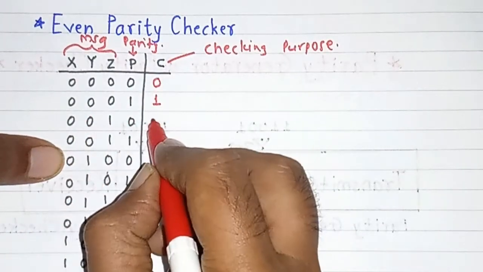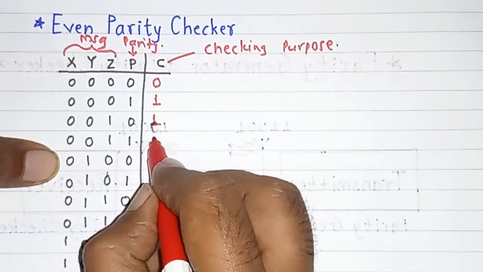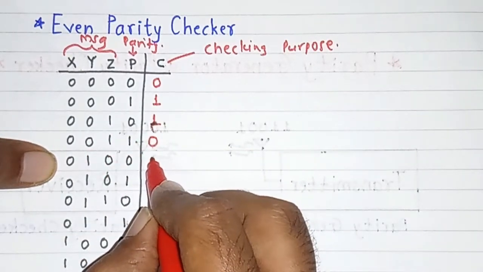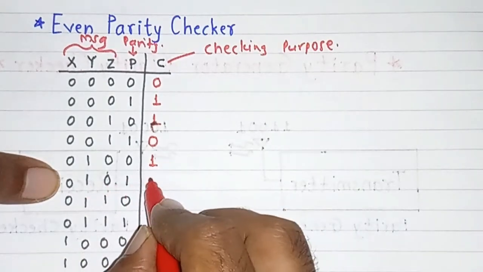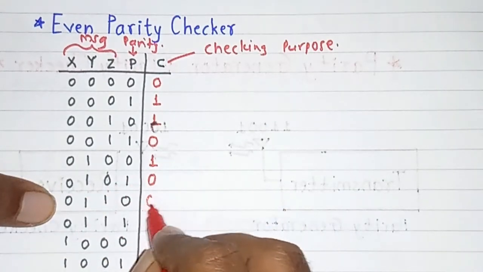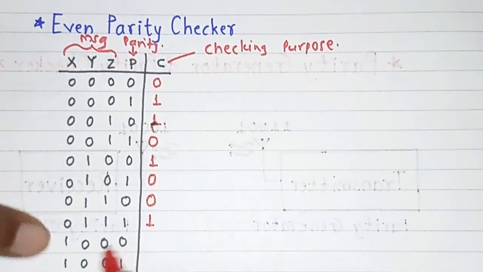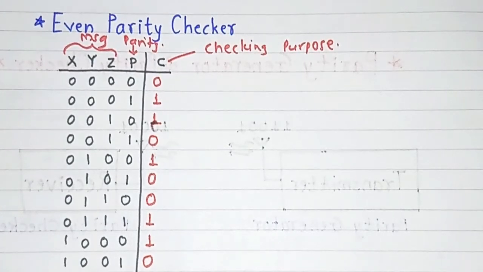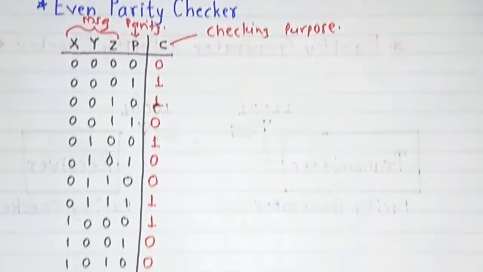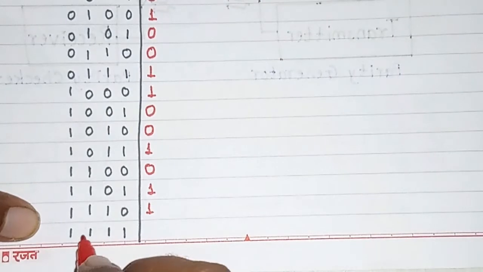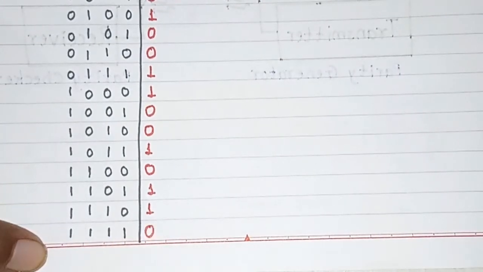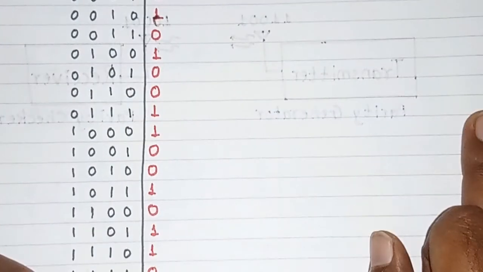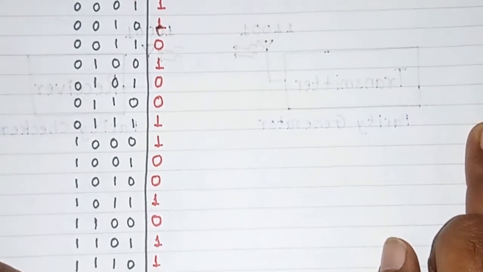So odd 1, even 0, odd 1, even 0, even 0, odd 1, odd 1, even 0, even 0, odd 1, even 0, odd 1, odd 1, and even 0. So this is how we can design the parity checker circuit.